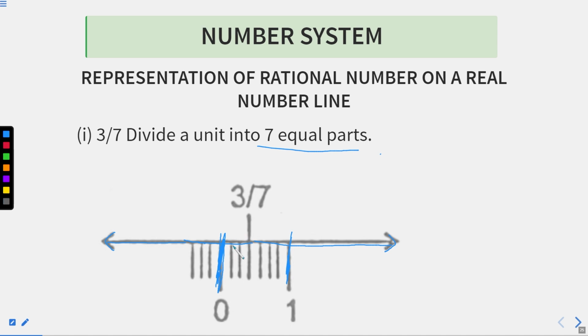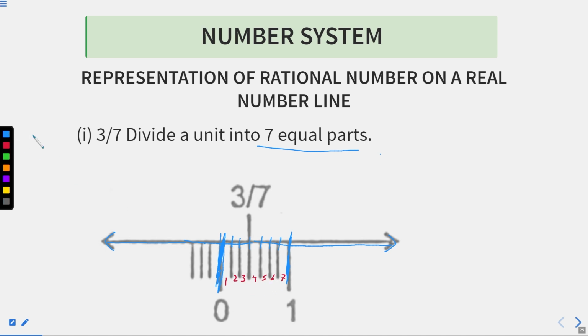Let's say 1, 2, 3, 4, 5, 6 and 7. We divided the whole part into 7 equal sub parts.